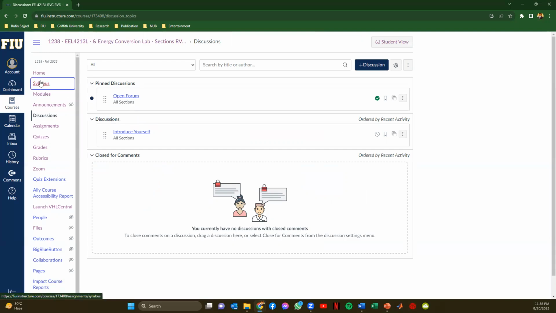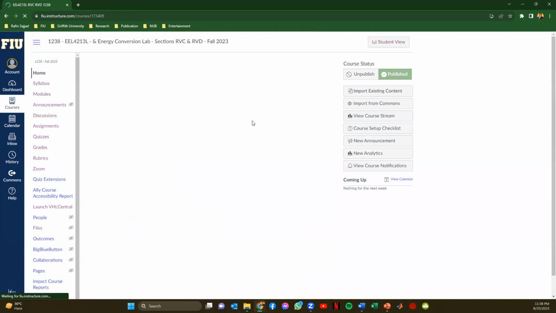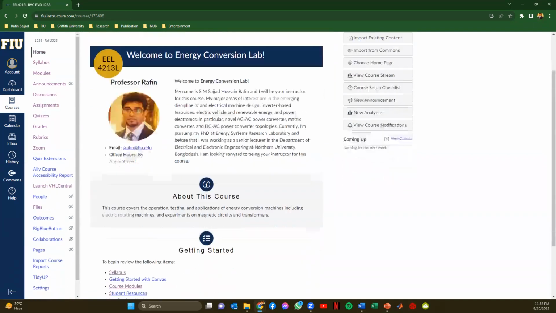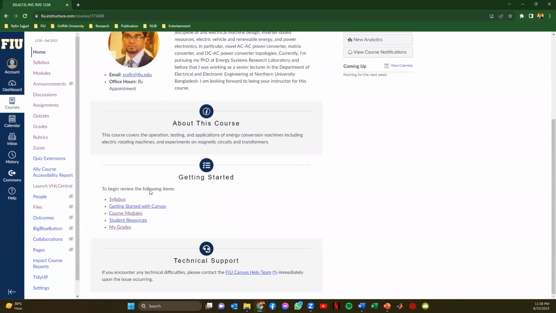On the home page, you will see my description, my email address, some key bullet points, and another important thing, which is technical support. If you have any problem, the FIU Canvas help team will guide you and help you.